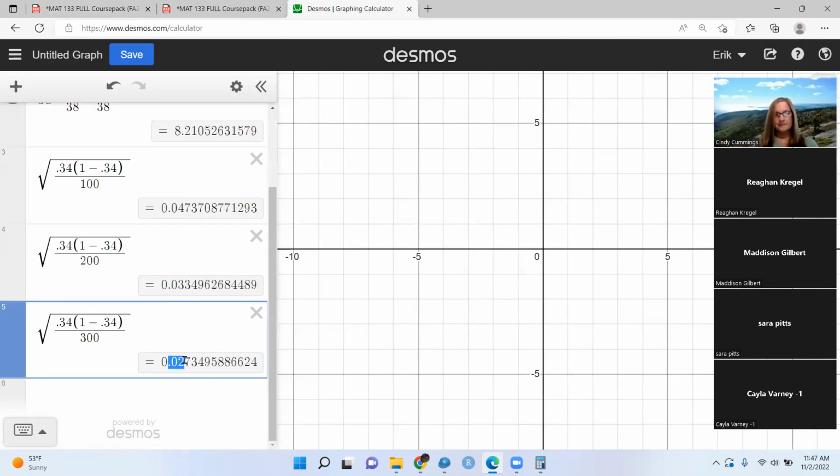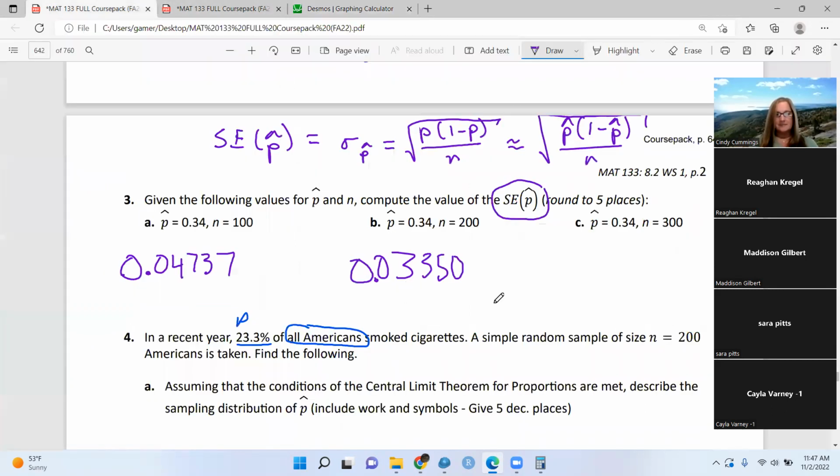And then 1, 2, 3, 4, 5. There's a 9 after that 4, so this becomes a 5. So 0.02735.